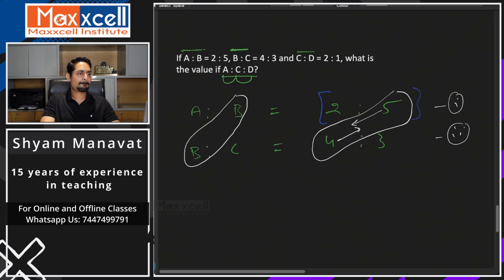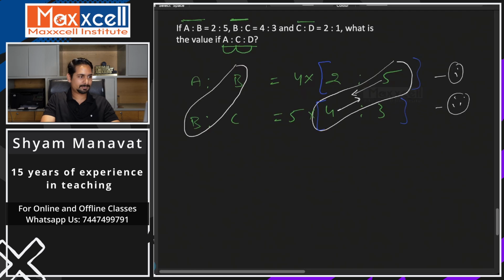Multiply 4 in equation number 1 and multiply by 5 in equation number 2. See what you get. You get A's to B as 4 2s are 8, 4 5s are 20. You get B's to C as 5 4s are 20 and 5 3s are 15.